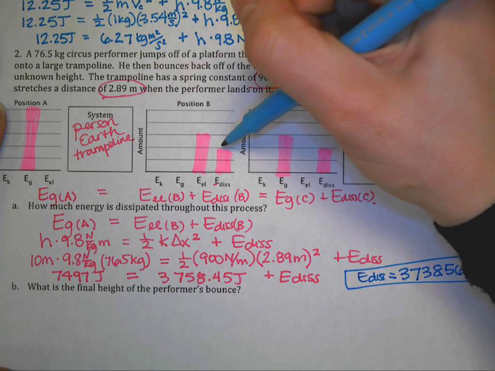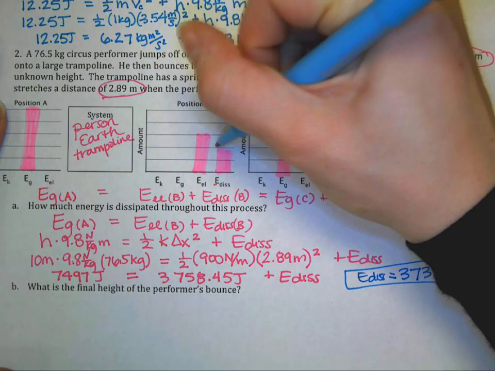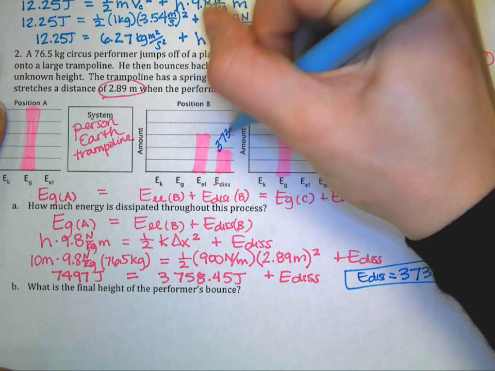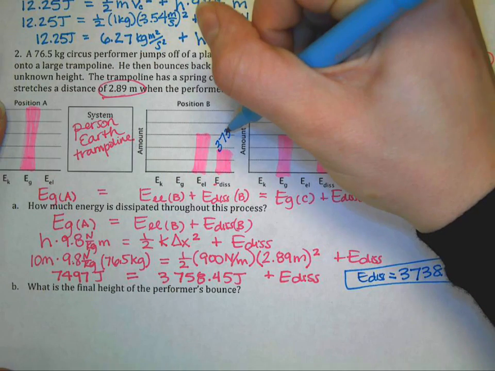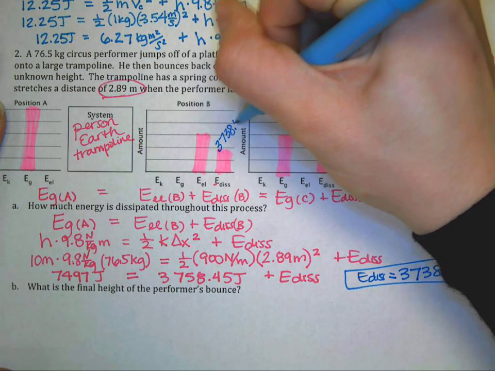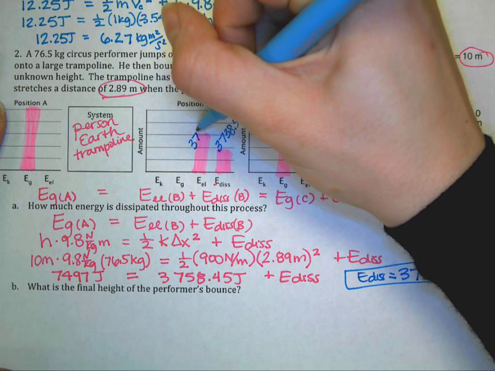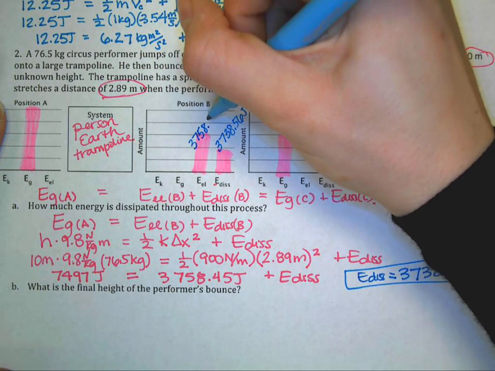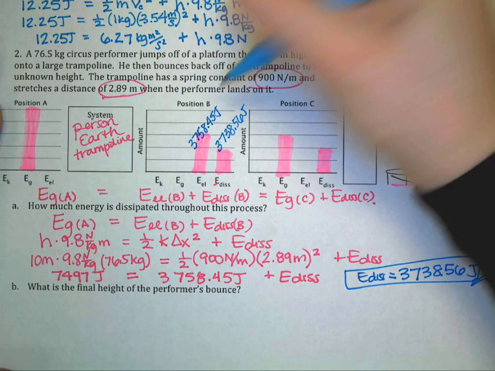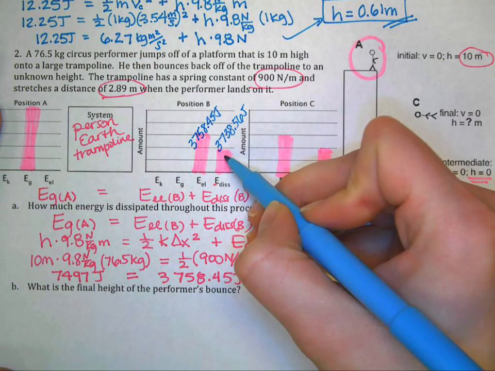So this number is about 3,738.56, and this value is about 3,758.45. Those actually were very close to each other.